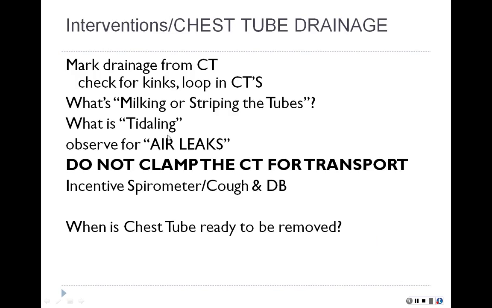The tidaling is when they're taking a deep breath or letting out or coughing. Between the patient and the water seal, you'll see the fluid rise and fall. The only place there should be continuous bubbling is in the suction control column.